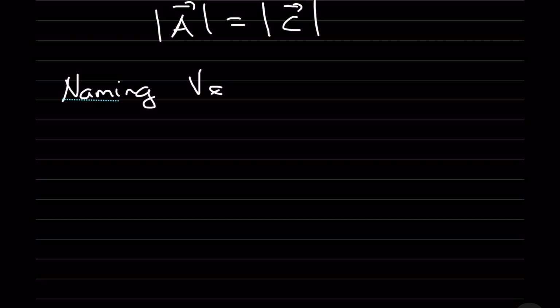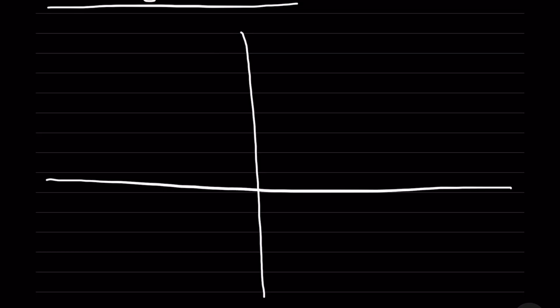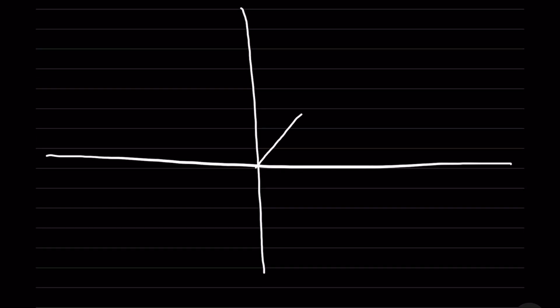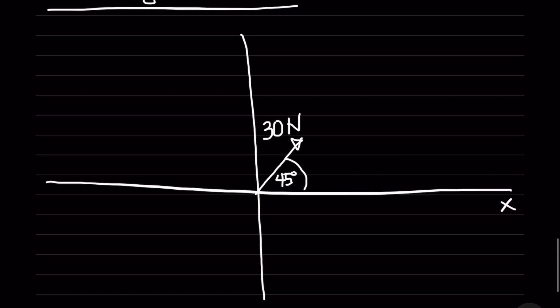It is important that we know how to name vectors properly, and there are several ways of doing this. Let us consider a vector plotted on an xy Cartesian plane. Say it makes an angle of 45 degrees with respect to the positive x-axis, and the magnitude is 30 newtons. So this is a force vector. There are several ways of naming this.